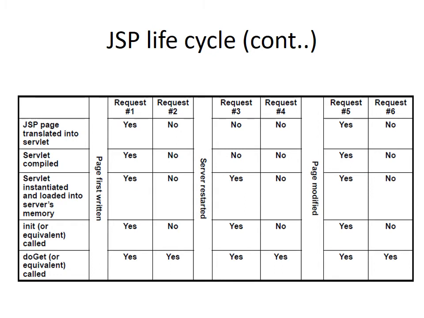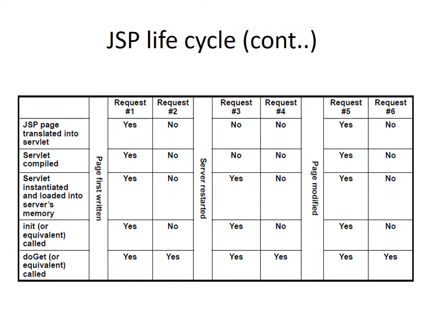Now if the page is modified, you find it here, in between that column, then only it will be translated into a servlet again. Now the compilation stage: the servlet is compiled only for the first request, and similarly when the page is modified. Otherwise it does not recompile again and again; it directly runs the servlet of the server page.